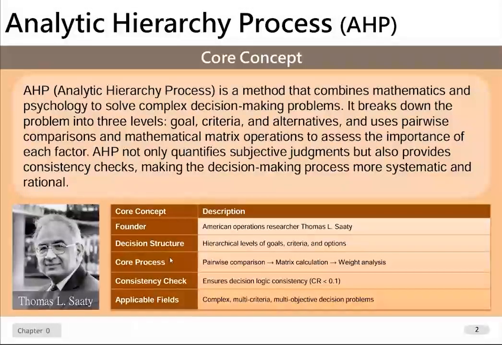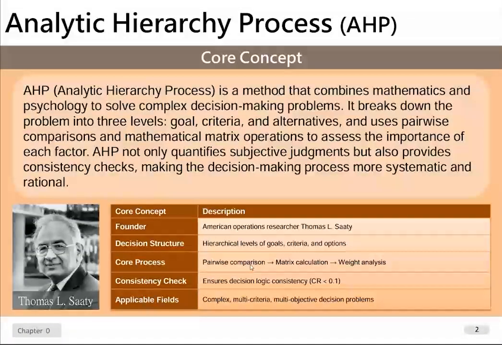The core process is pairwise comparison. What does that mean? It means you have to compare all these factors two by two. For example, when you buy a backpack, the container volume may be a very important issue. That's one factor. The price is also an important issue, and the look of the backpack is another.